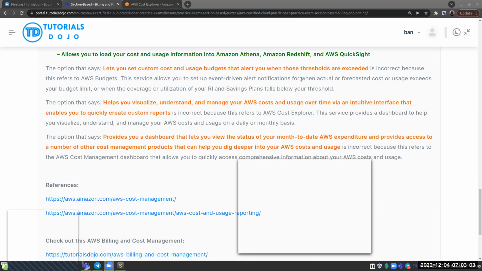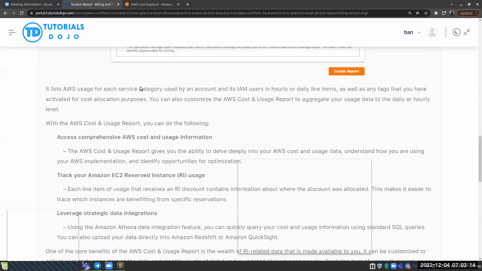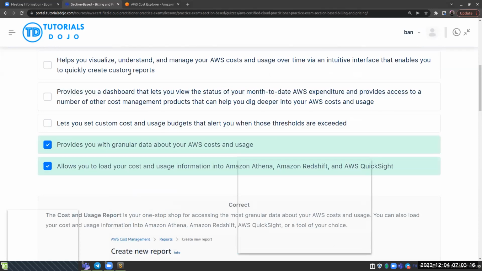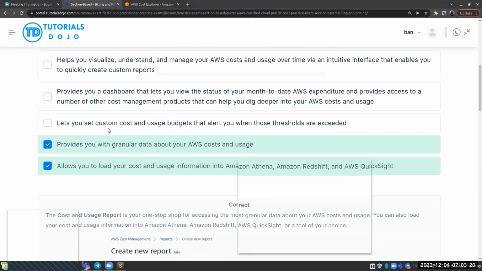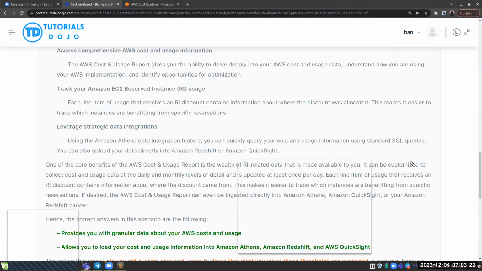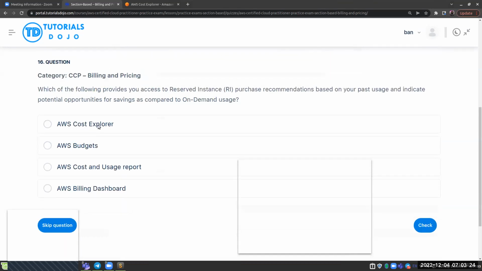We did talk about that. You see, it's incorrect because it refers to AWS Budgets. So this question was just asking if you know the definition of Cost and Usage Report, which we have just covered. I have that on chat already, so I'm not posting again.